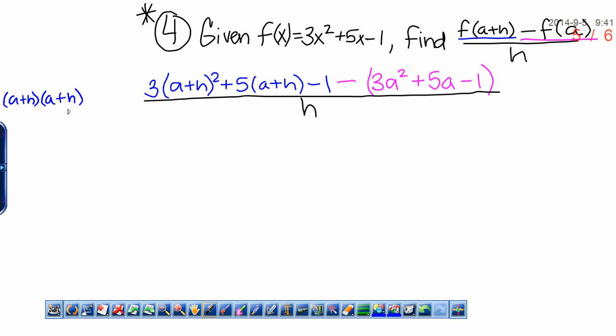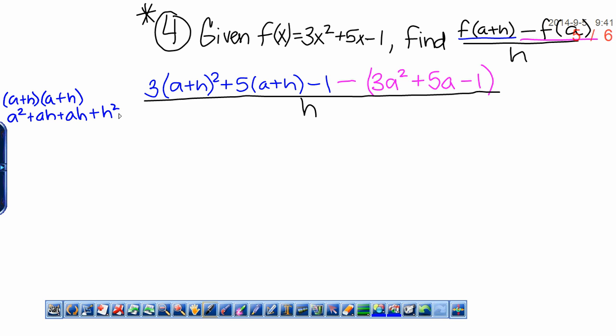So a times a gives me a squared. A times h gives me ah. H times a, you can write it as ha, but it's also the same as ah again. And then h squared at the end.